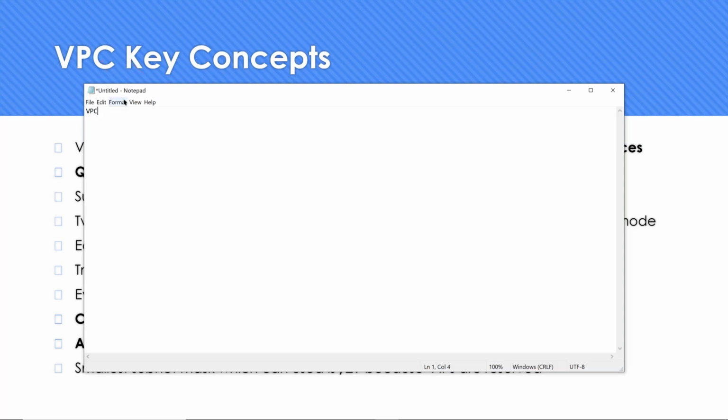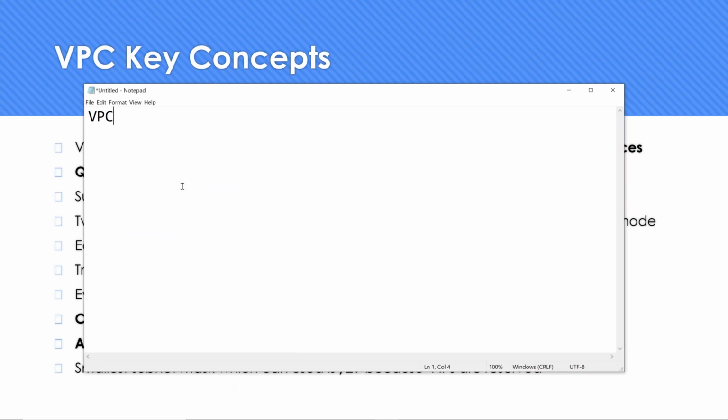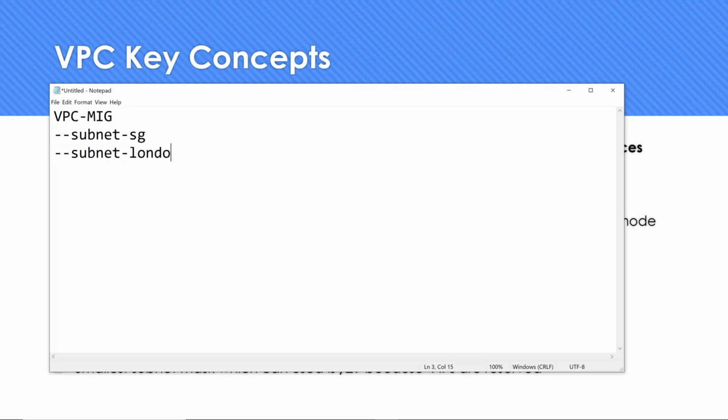Sorry, let me increase the font. So I have VPC MIG. I have 3 subnetworks: SG, London, and US Central.